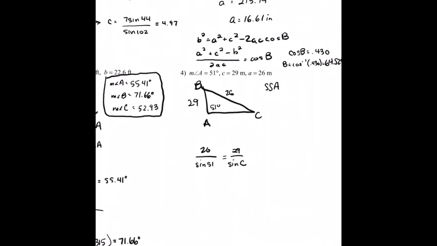It's easier to solve an equation when the variable is in the numerator. So I'm going to flip these upside down and put sine 51 over side A, and then sine C over 29. Multiply both sides by 29 and we get sine C is 29 times the sine of 51, all over 26.